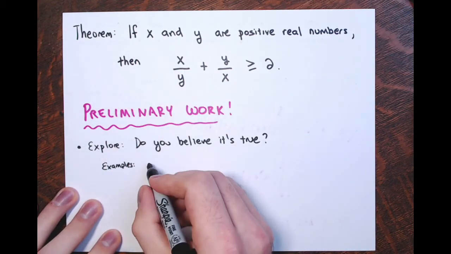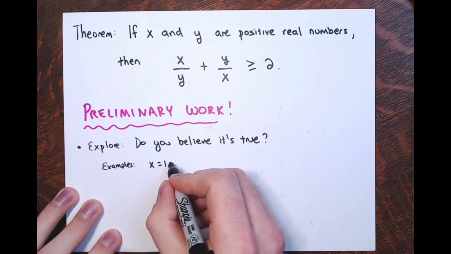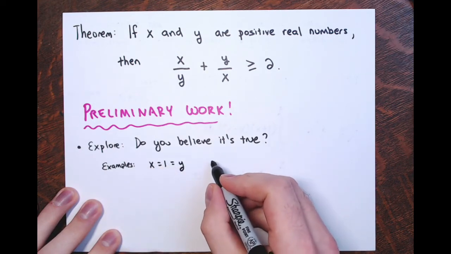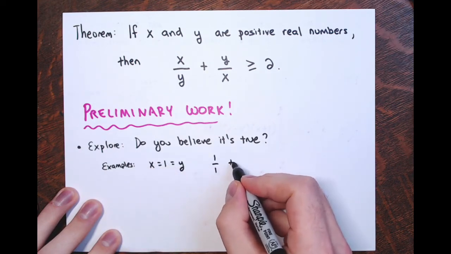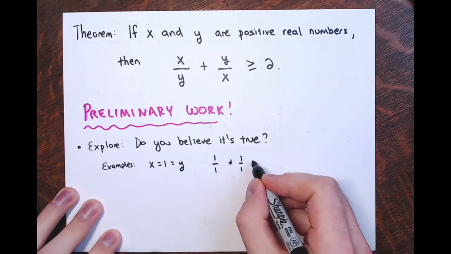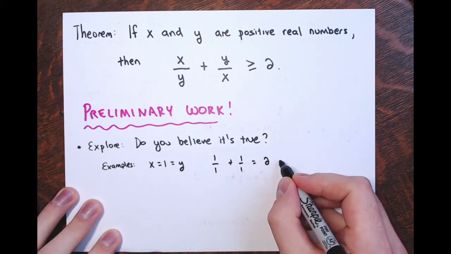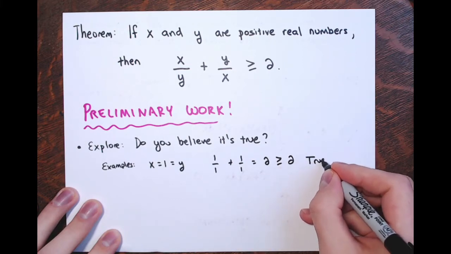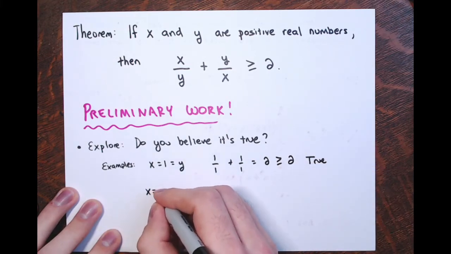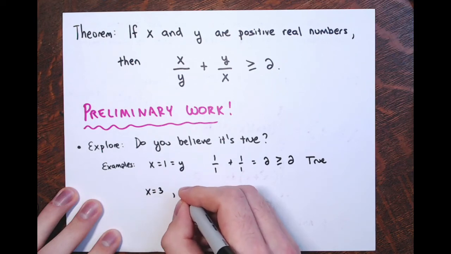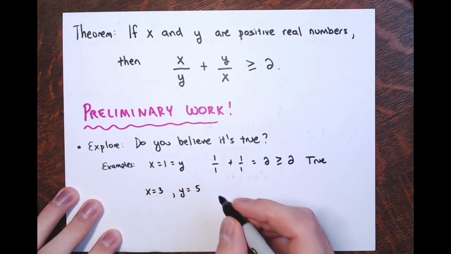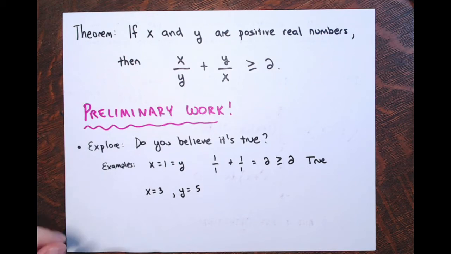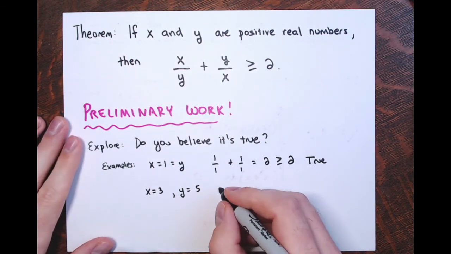Well, how about if x and y are both equal to 1? Then you would have 1 divided by 1 plus 1 divided by 1. That's equal to 2, and yeah, that's greater than or equal to 2. That's true, right? How about if x were 3 and y were 5? Again, just picking any pair of positive real numbers.